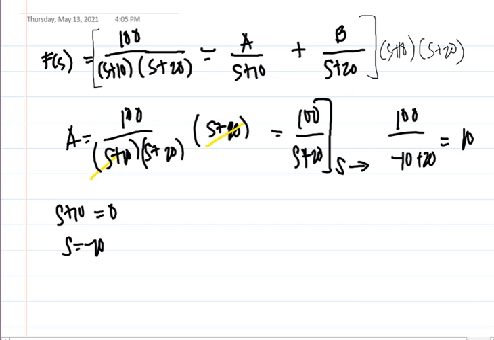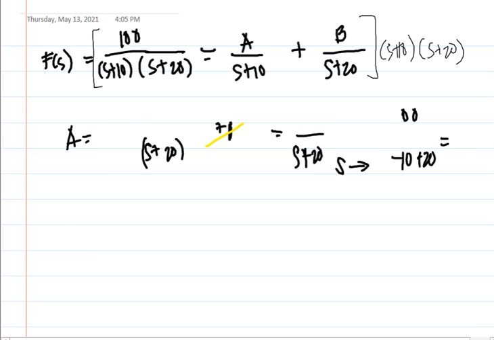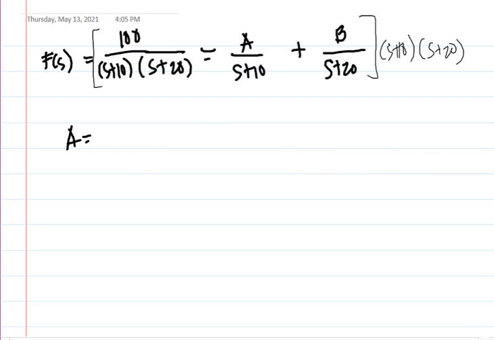But still, we can also use the cover-up method. To come up with the same answer, we will see if it gives the same result. If we perform the cover-up method, that means we cover the denominator. Our denominator is s plus 10, so I cover the s plus 10.